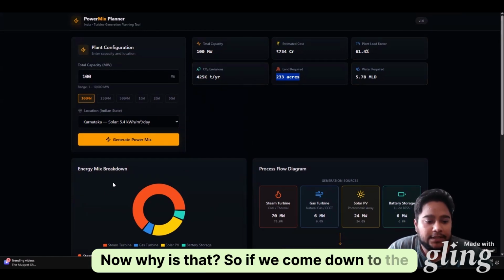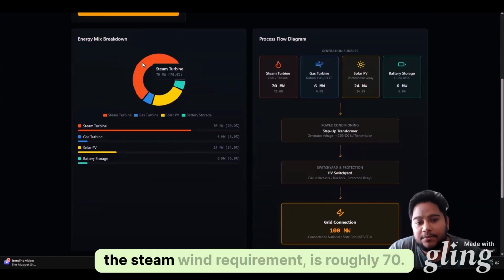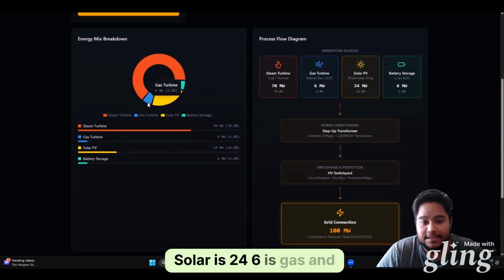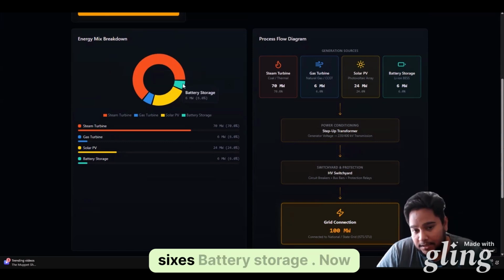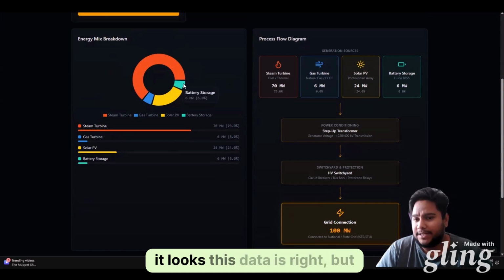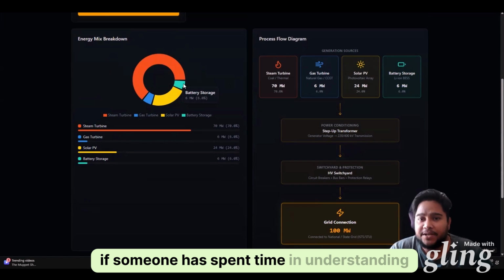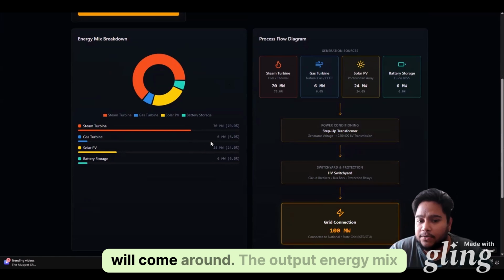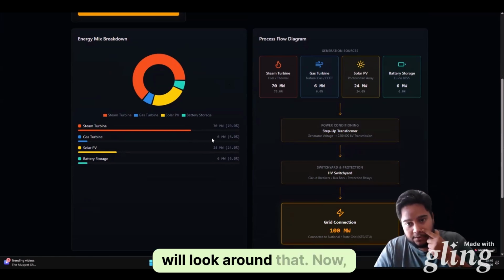If we come down to the energy mix, the steam turbine requirement is roughly 70, solar is 24, 6 is gas, and 6 is battery storage. Now it looks like this data is weak, but if someone has spent time understanding the Indian energy market, you know the output energy mix will look around that.